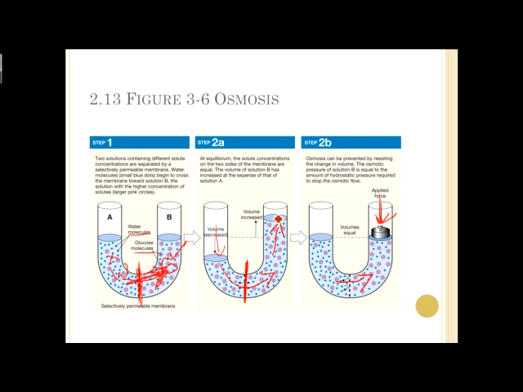If it's allowed to freely move and there's no pressure exerted against it, then this will cause an increase in volume on the side that there is fluid movement towards. If there is force applied, we will get movement until we equal the pressure that is applied upon it.